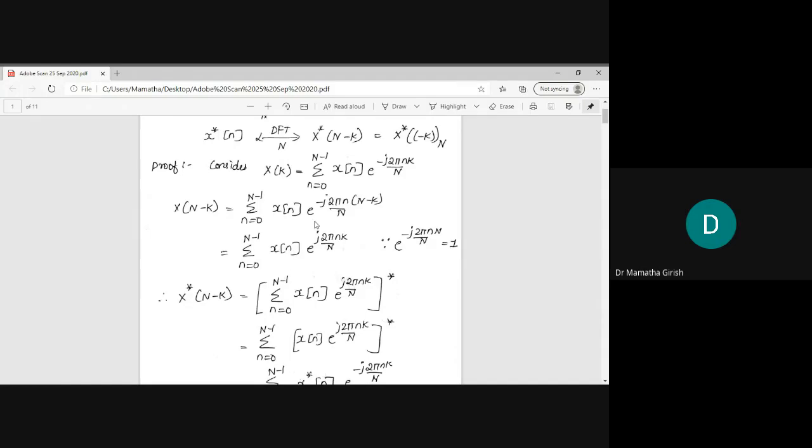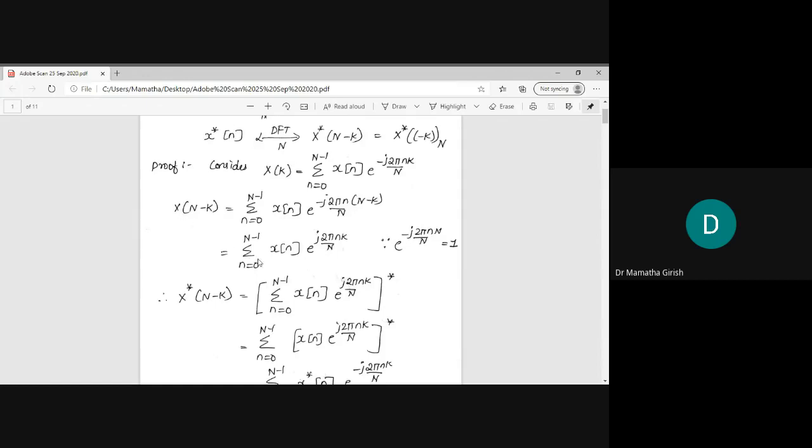In the next step, as we know that e to the power of minus j 2 pi n N by N, the first term, has N both in the subscript and superscript position, this term tends to 1. Accordingly, we are left with only the term e to the power of j 2 pi nk by N and the remaining terms as they are.